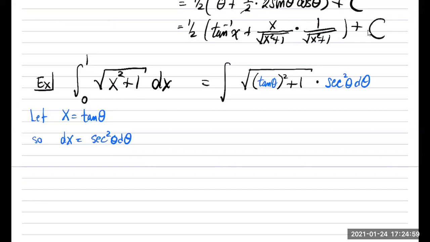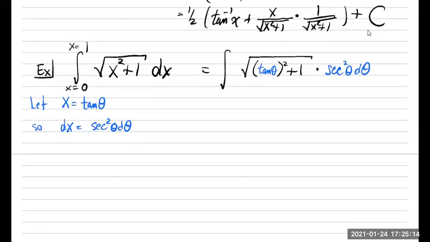Now I'd like to also convert over the limits of integration. Currently, again, we have x equals 0 to x equals 1, correct? Now I can use my original substitution to figure out what my theta limit should be.